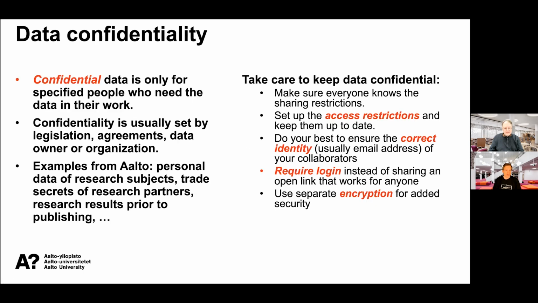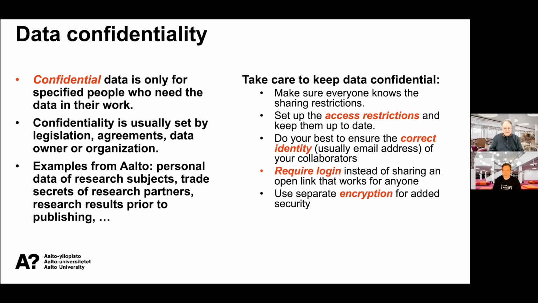And about confidential data, that's only for specified people who need the data at their work. And usually that's a list of people that you can name and list everyone when you have the level of confidential data. And there are usually some background or some reason why data should be confidential.